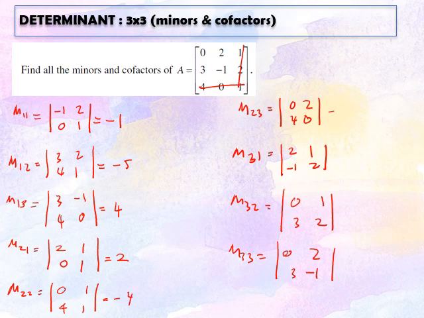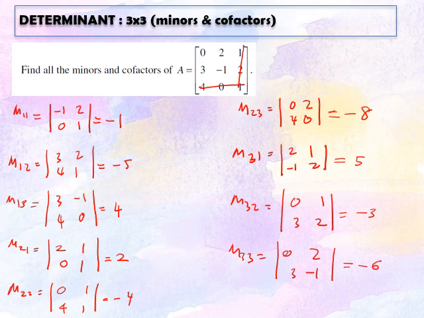Continue next. 0 minus 8 is negative 8. This one, 4 minus negative 1, it should be 5. Here 0 minus 3 should be negative 3. And last one, 0 minus 6, so it should be negative 6. See, so we obtain all the minors.